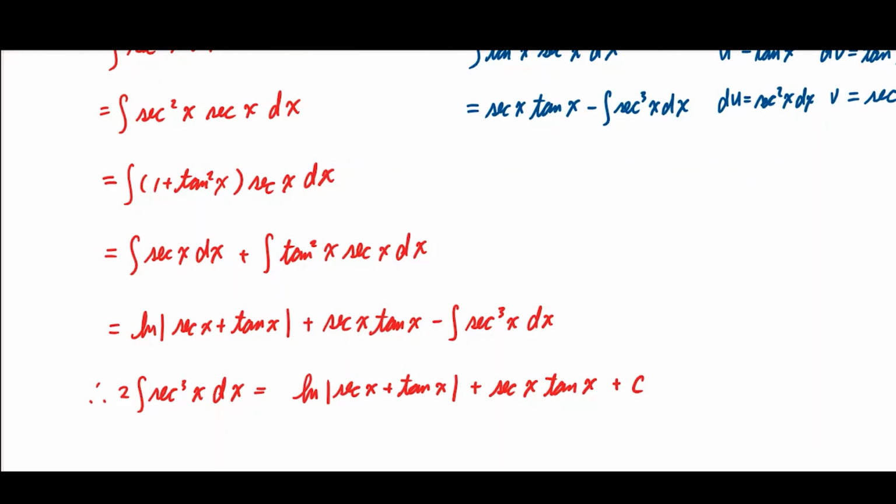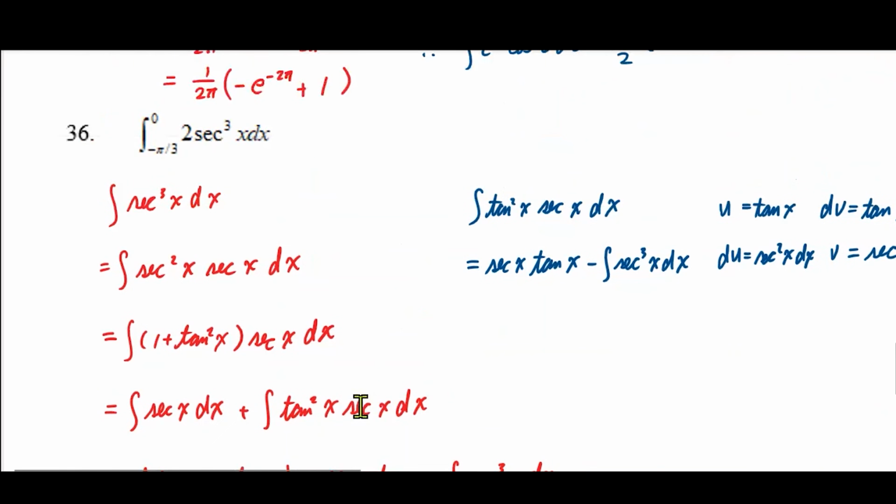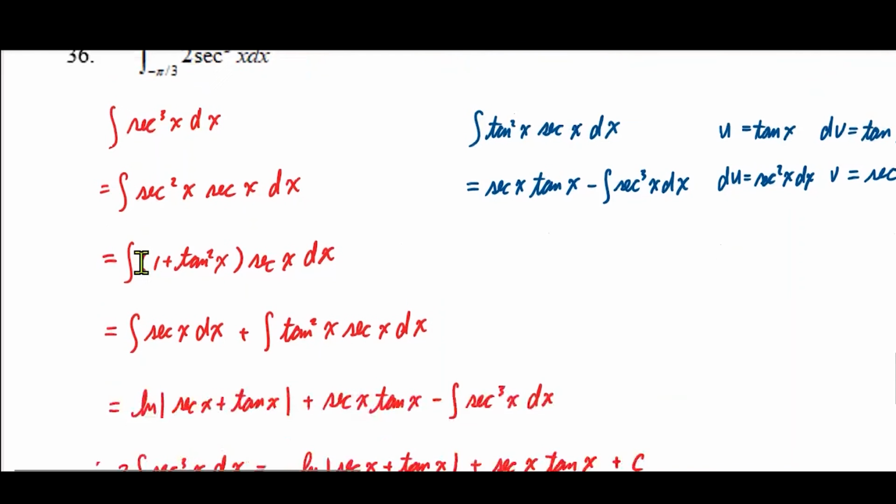Oh my God. You know what I'm saying? Wait, we can divide both sides by 2, but I think our original problem had 2 here before, so let's not divide both sides by 2 then.